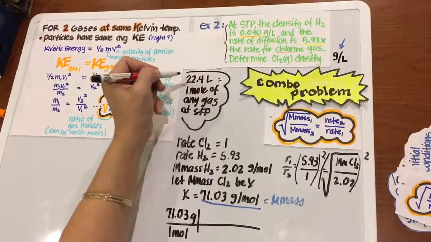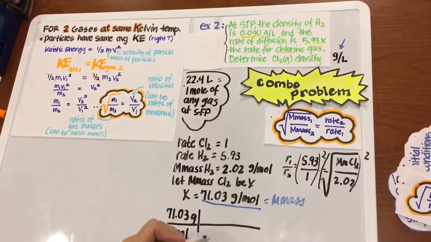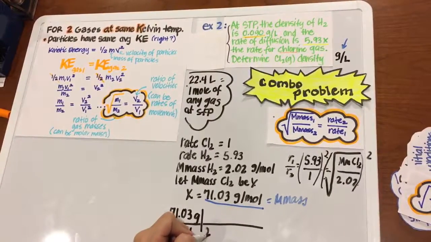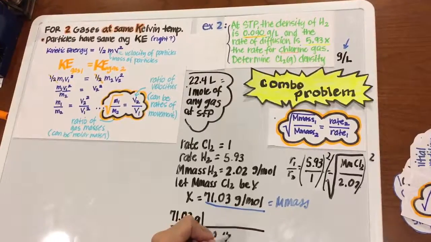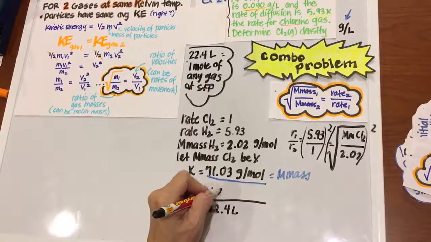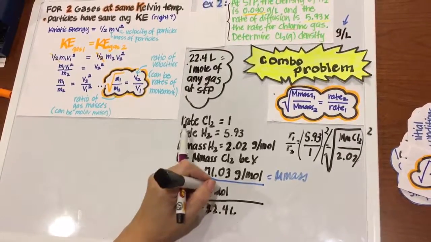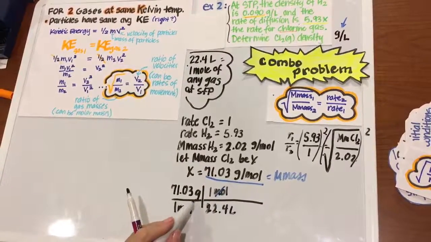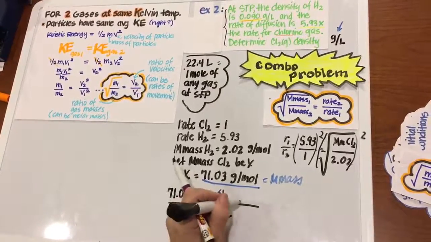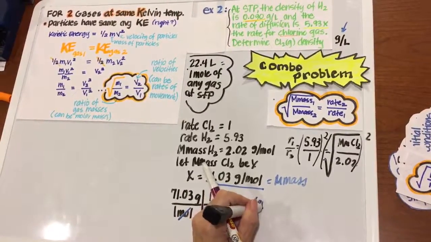and use the molar volume of any gas, 22.4 liters for every 1 mole, and make a ratio that will cancel the units of moles and get me into grams per liter, which will be density.